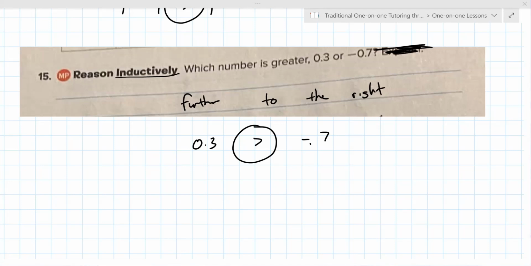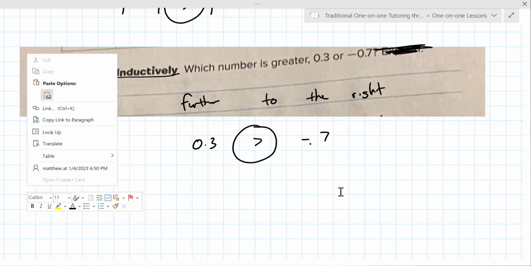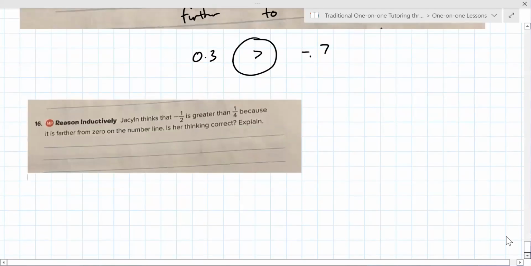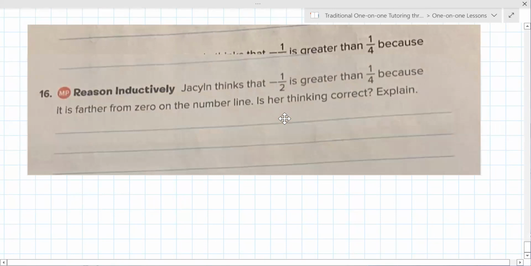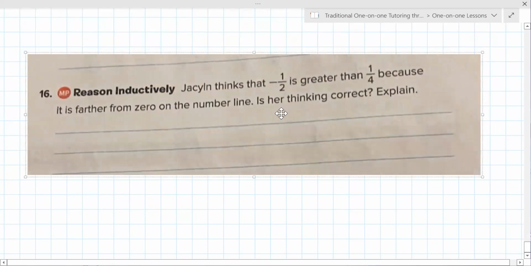Okay. Let's look at 16 real quick. Tell me if you need me to send you another paper. Actually, no, we only have 10 minutes, so I think we'll have enough. The lessons are actually 50 minutes, so we're pretty much out of time, but we're going to do at least this problem. So Jacqueline thinks that minus 1/2 is greater than 1/4 because it is farther from 0 on the number line.